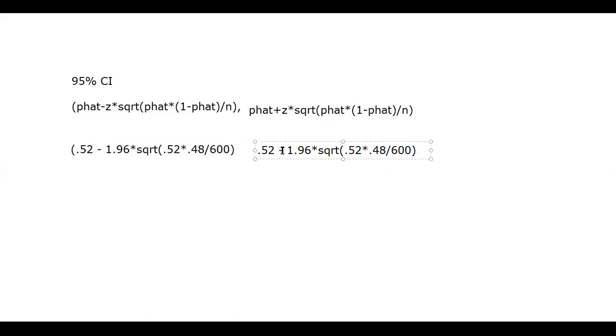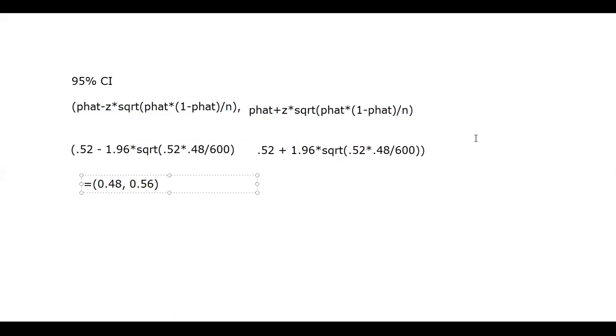And on the other side, we get the same thing, except change this to a plus, and then you'll get that interval that we had there. This is equal to 0.48 to 0.56.